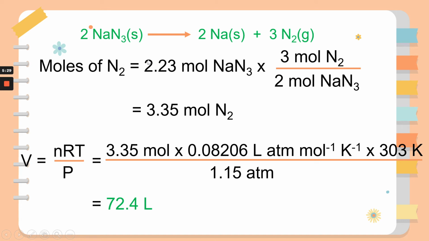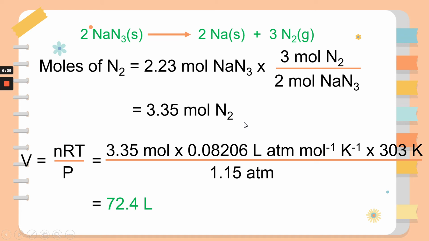So 2.23 moles of sodium azide will yield 3.35 mole of nitrogen from the calculation. We multiply 2.23 mole of sodium azide by 3 mole of nitrogen divided by 2 mole of sodium azide from the balanced equation. So we know the moles of nitrogen now, right?